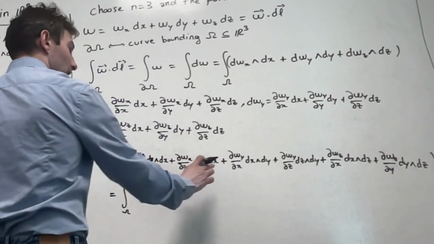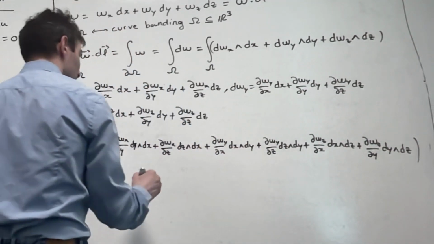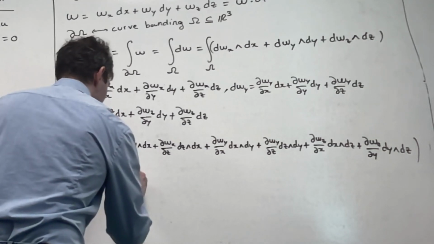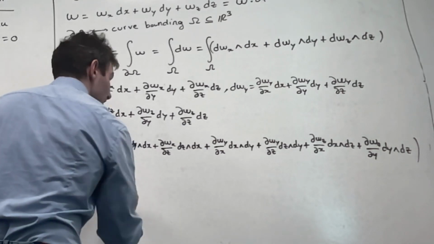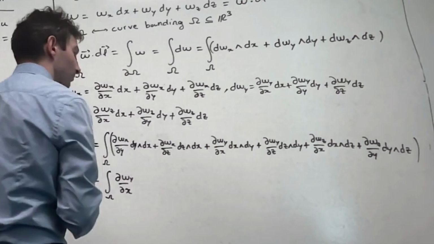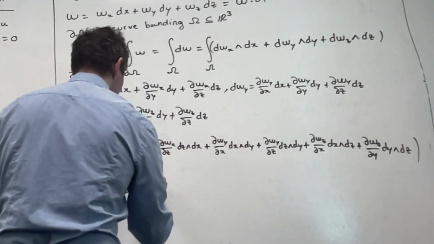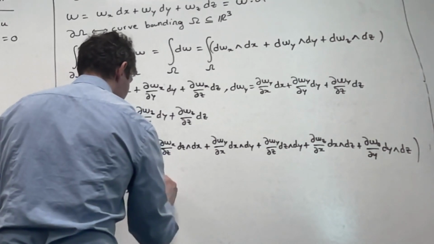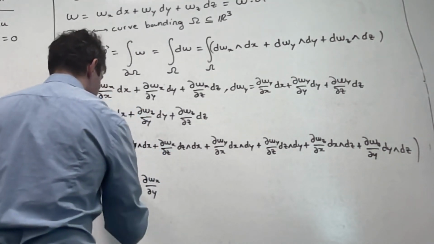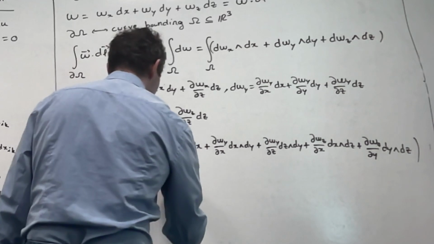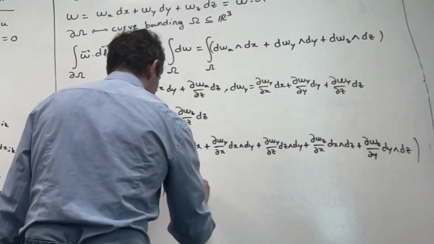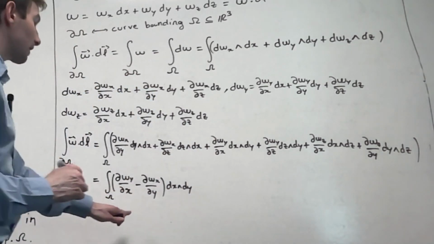So let's see, we have a dx dy here, so that's ∂ωy/∂x. Okay, and then I'm going to get a minus coming from here. So minus ∂ωx/∂y, and that's dx wedge dy. Okay, and then I continue.